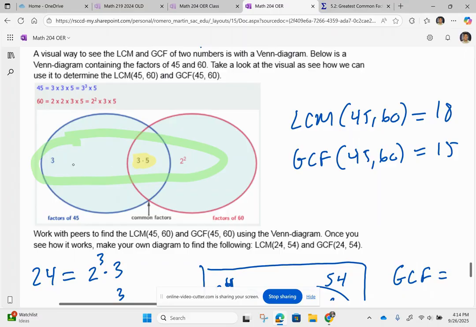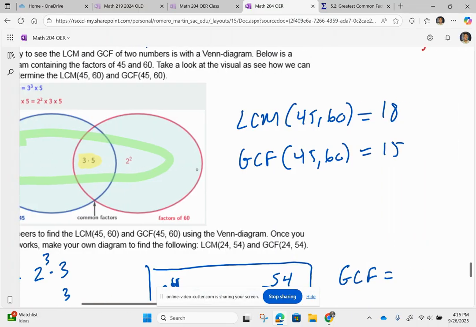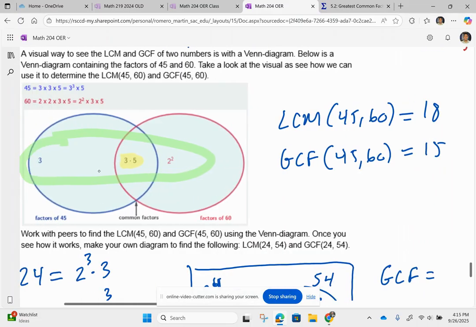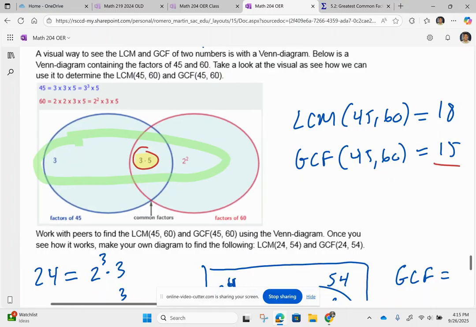And then you have the remaining factors that are not part of the common factors. And then when you look at it, you will see the greatest common factor is going to be here in the yellow part. That's 15. And to get the least common multiple, you just multiply all of this across, and then you have the least common multiple.